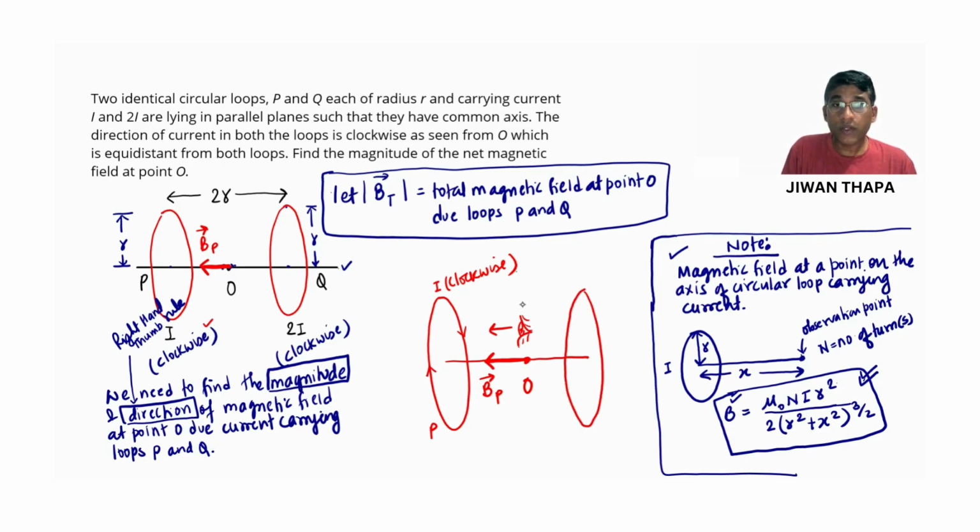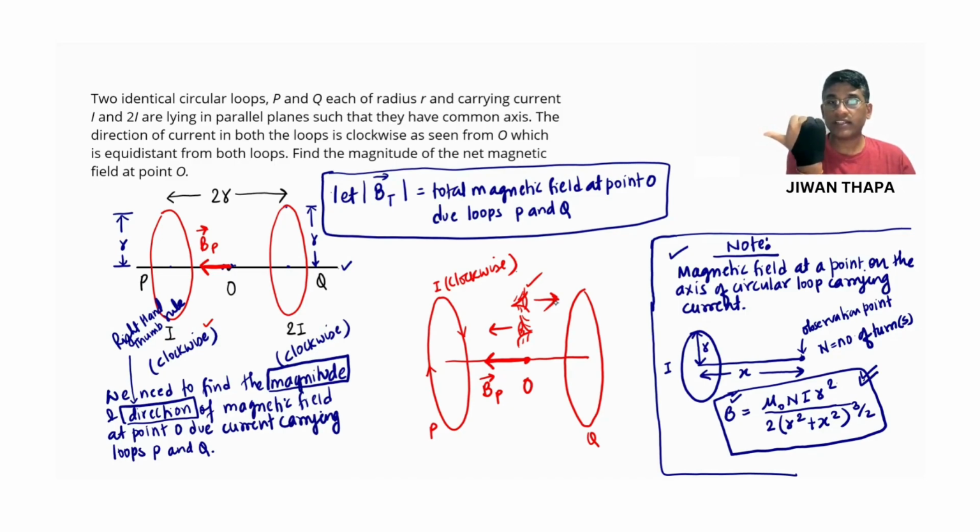Now when we observe from O to loop Q, then from the question, current is flowing in clockwise direction.